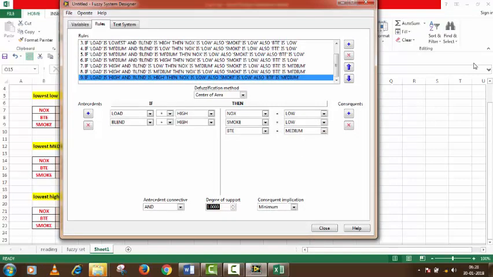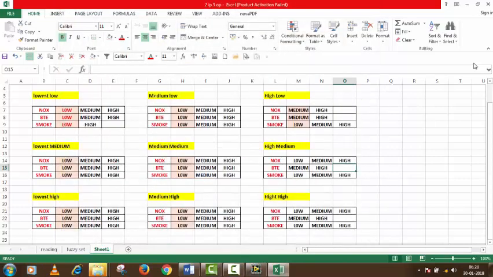If I change this, automatically you have to change the degree of support to product. These rules are okay. Understood? So among the 9 rules, 6 rules are coming correct, 7 rules are modified because it's not correct.